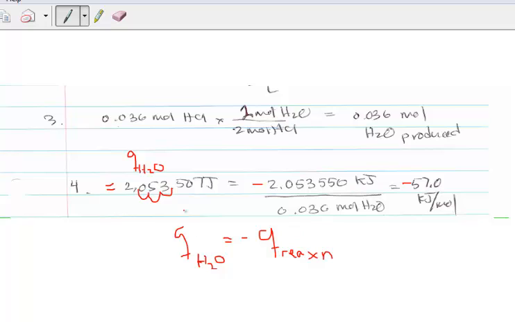Back when we calculated our heat, we only had 3 significant figures there, and when I was calculating my number of moles, there were only 3 significant figures in my value as well. I should put a 0 at the end there to show that there's 3 significant figures. All right, so don't forget your negative sign for the reaction. This is an exothermic reaction, and I hope this helps.